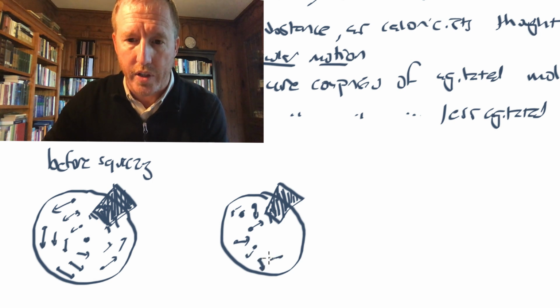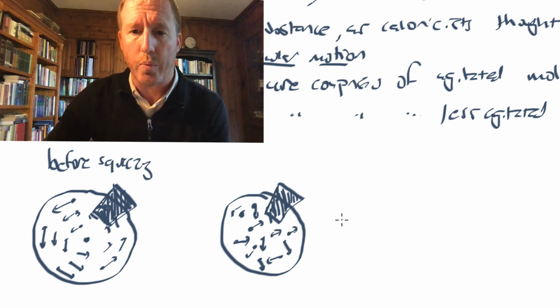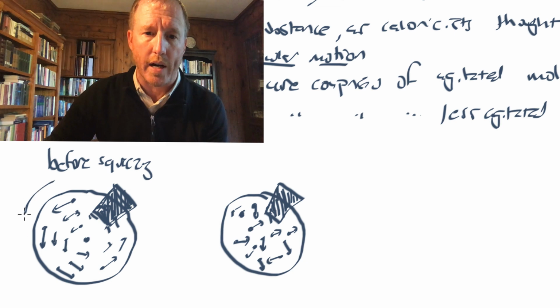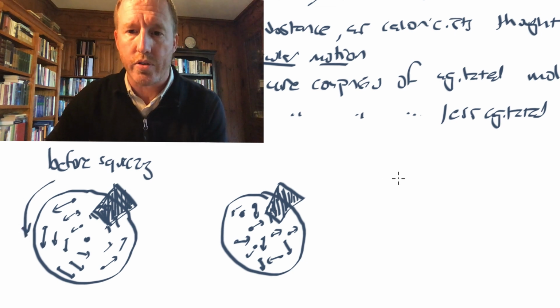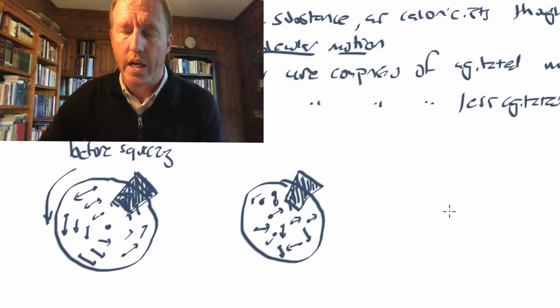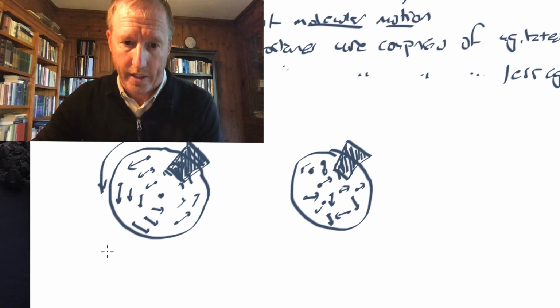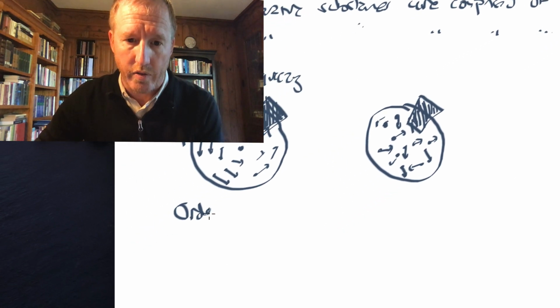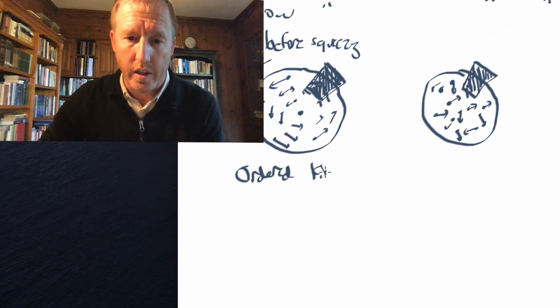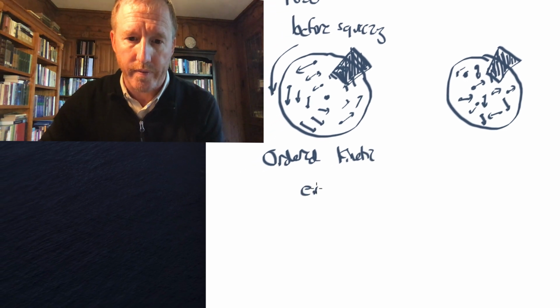I'm representing schematically by these arrows. What this is meant to indicate is that while the entire wheel is no longer rotating around like it had been before, there's still a large amount of kinetic energy. However, it is disordered kinetic energy. So we might call this a state of ordered kinetic energy.